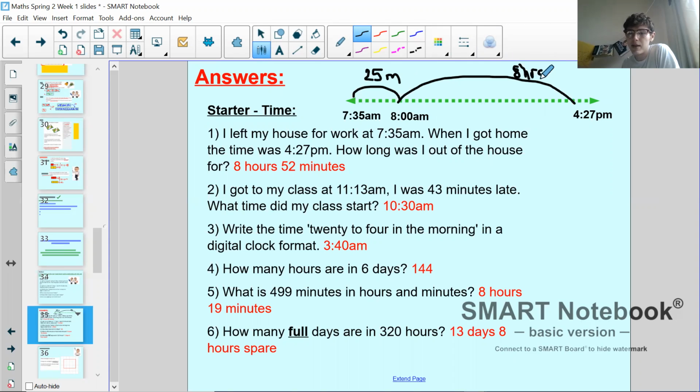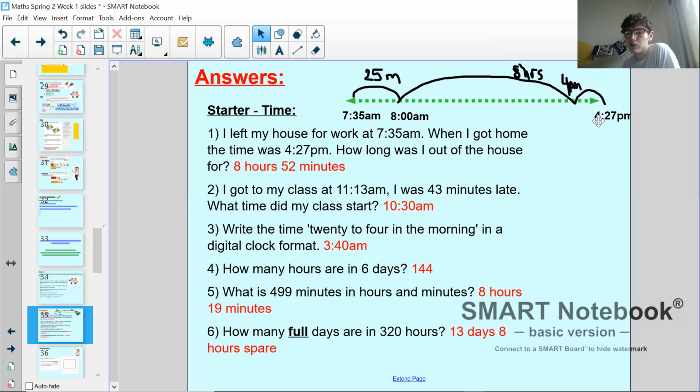Sorry, that's not too clear, but that's another jump, 8 hours to 4 p.m. And then we do one last little jump to 4:27, which is another 27 minutes. And then all we need to do is simply add them up. So we've got our 8 hours, and then we add our 25 minutes and our 27 minutes, which gives us 52. So our answer is 8 hours and 52 minutes.